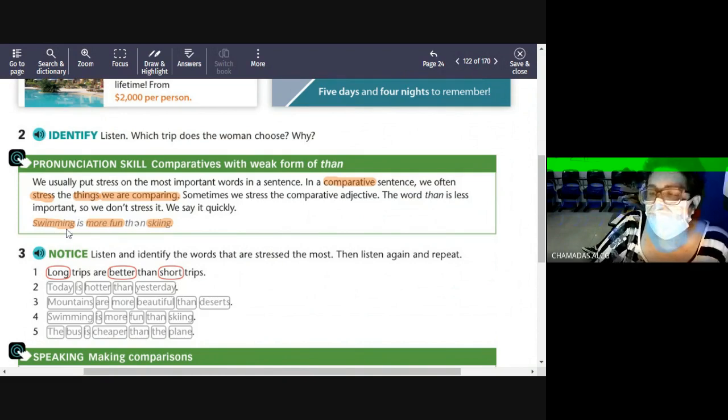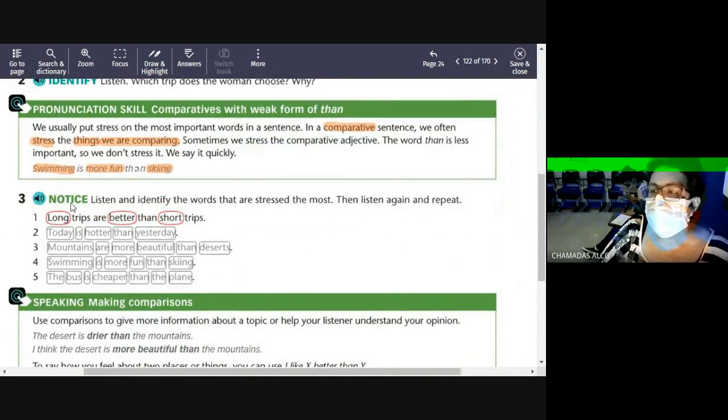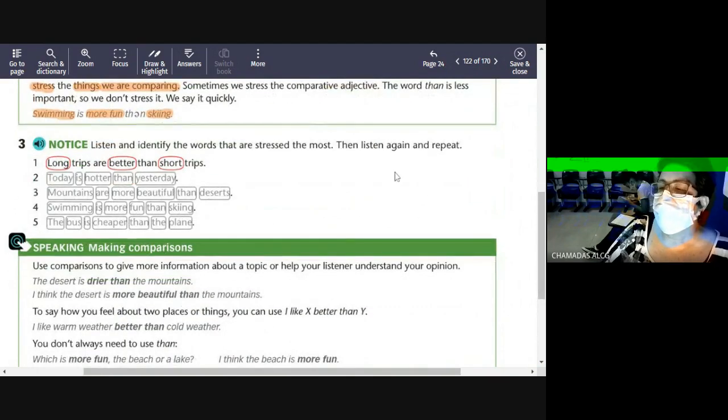Like swimming is more fun than skiing, okay? So now notice how we do this in the sentences. Listen and identify the words that are stressed the most. Then listen again and repeat, okay? So pay attention.